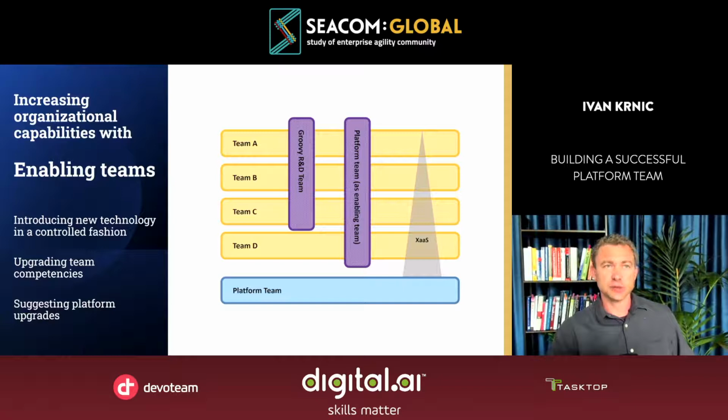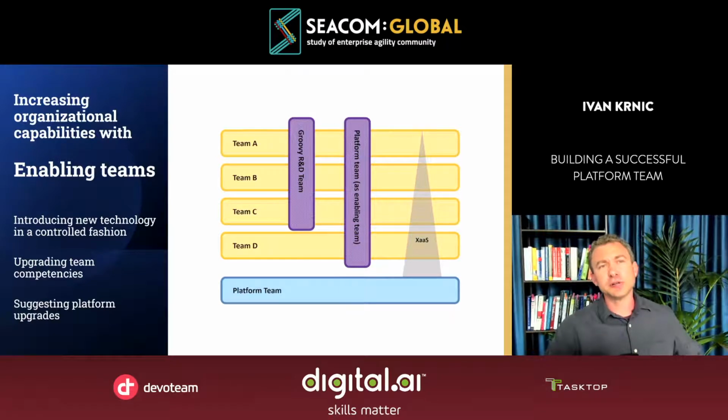We also have stable and permanent enabling teams, such as the one that we call the incubator. And the goal of the incubator is to continuously evaluate technologies, and when they see something that is fit for our organization, then they gradually introduce it to the organization. Another important goal of the incubator as an enabling team is to also onboard new people to this new technology.